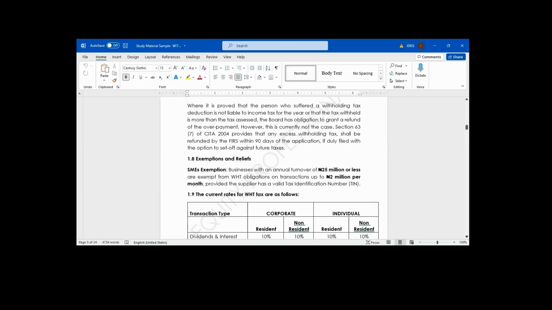If you are a small company and you want to make a payment to somebody, if the payment is not more than 2 million, you don't need to deduct withholding tax. But if the payment is more than 2 million, you need to deduct withholding tax. However, from your own transactions too, if they want to pay you for some service and you are a small company, they don't need to deduct withholding tax.